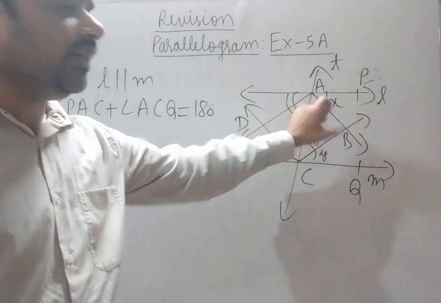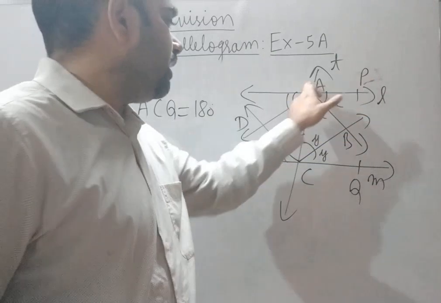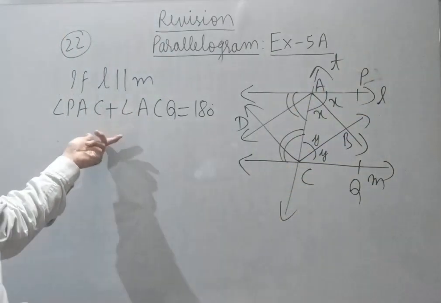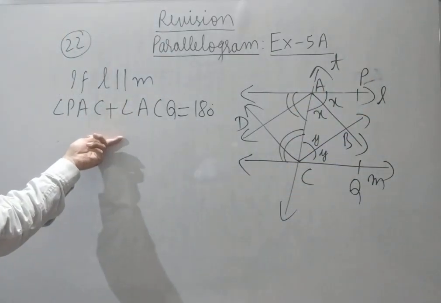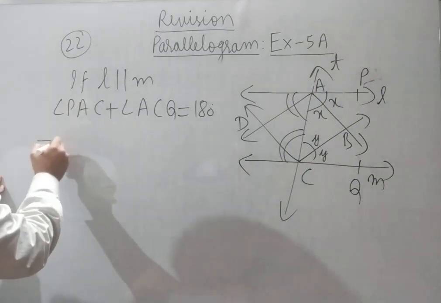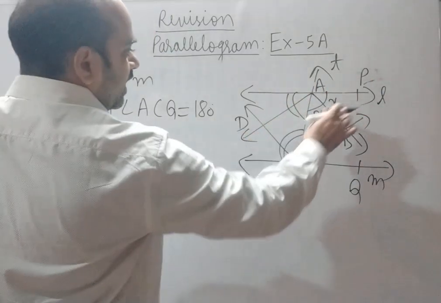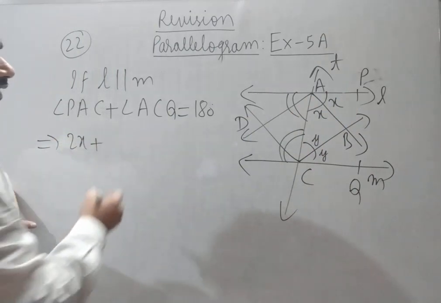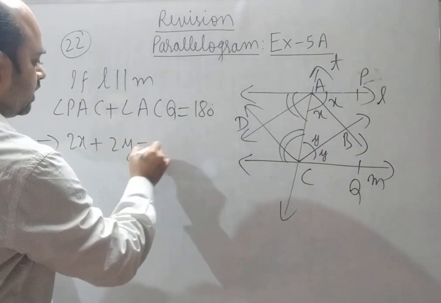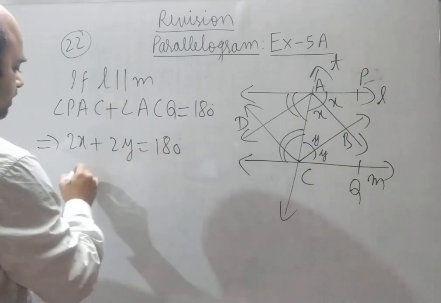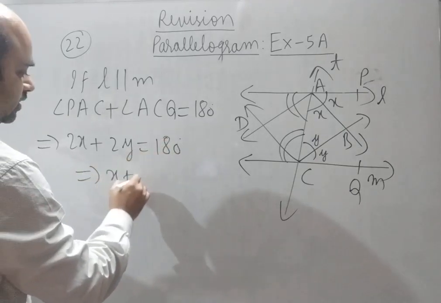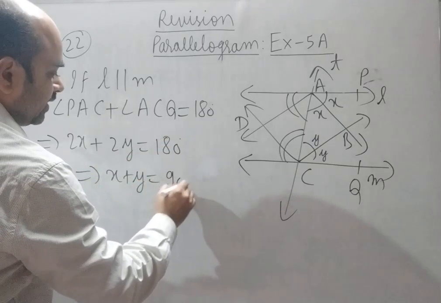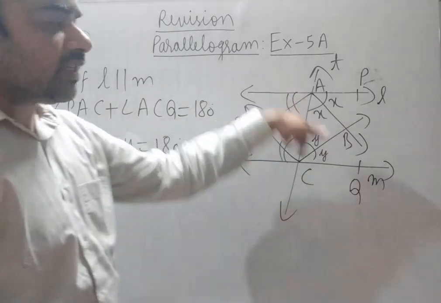These are co-interior angles. So the sum is 180. PAC can be written as x plus x, that is 2x, and ACQ can be written as y plus y, that is 2y, is equal to 180. It means x plus y is 90 degrees.